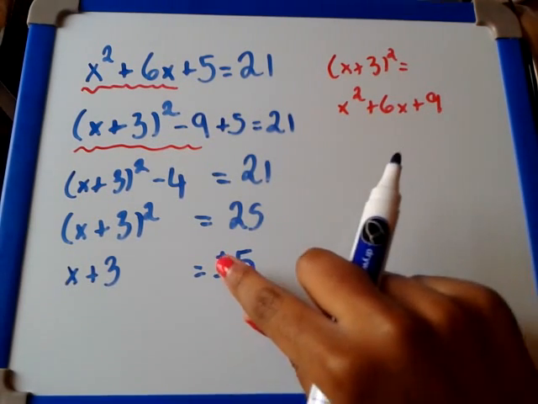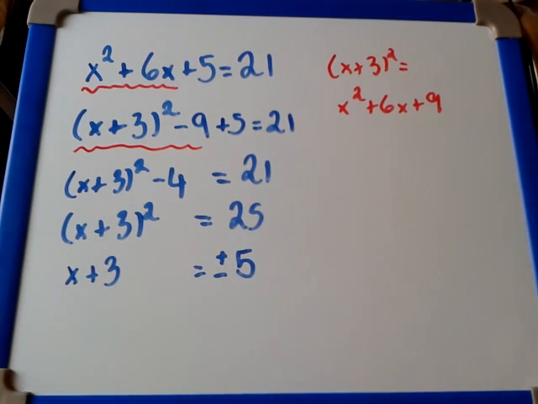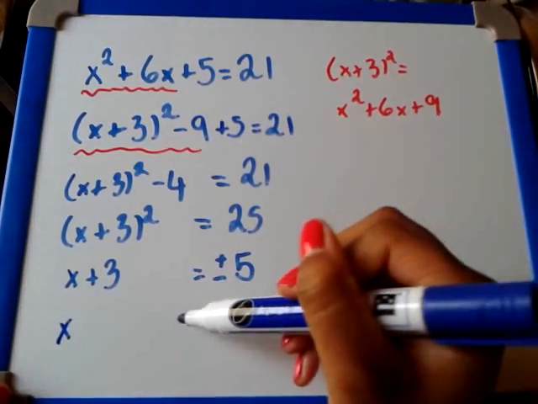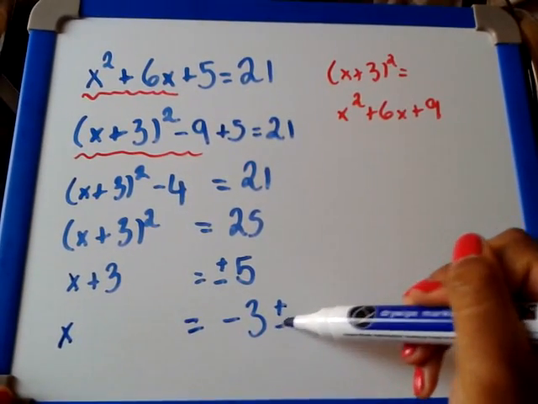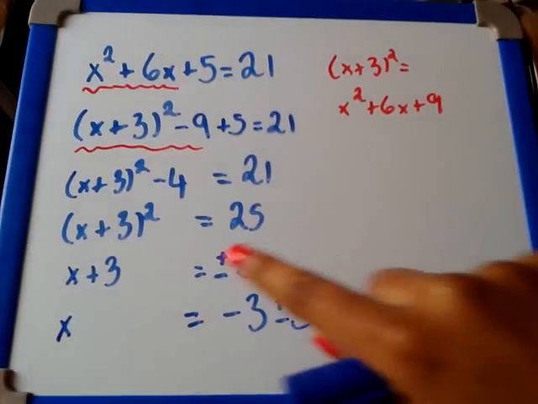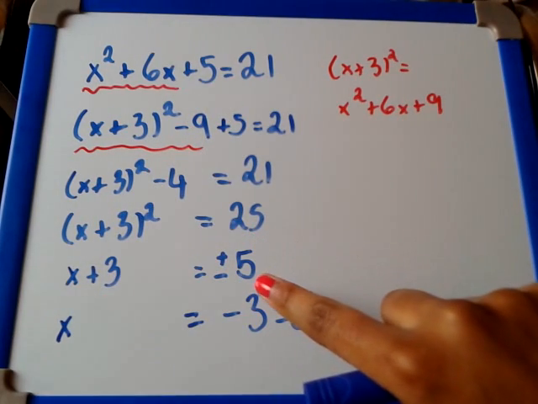So our answers are plus and minus 5. Next, to get x on its own, x equals minus 3 plus or minus 5, and we got that by carrying the 3 over.